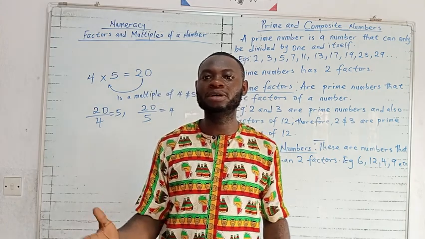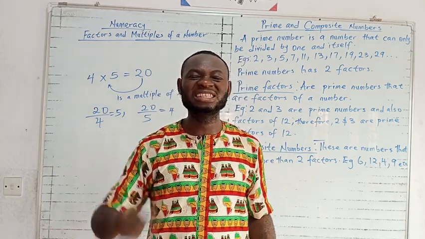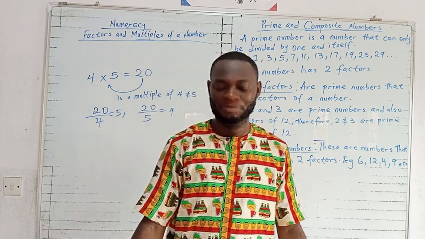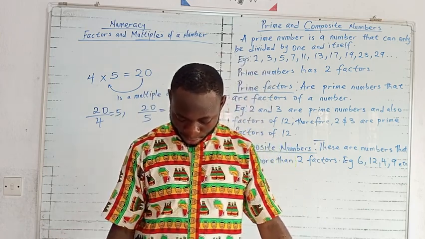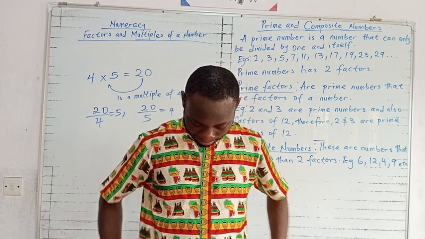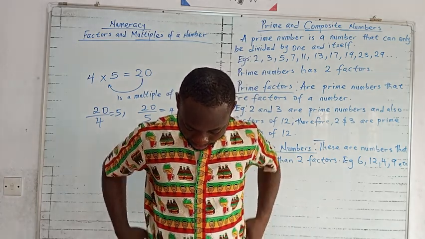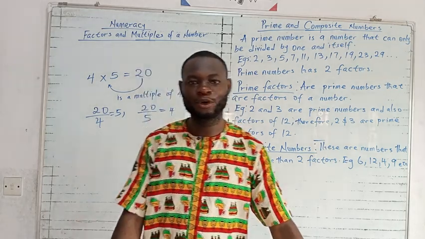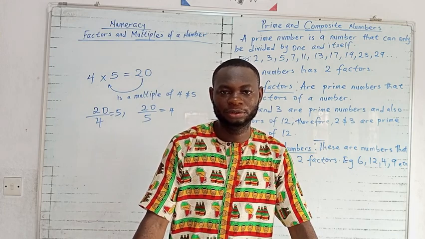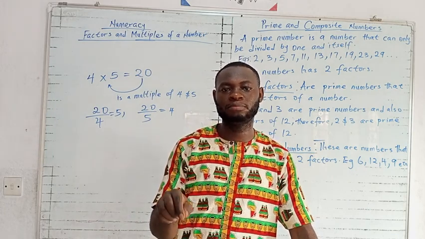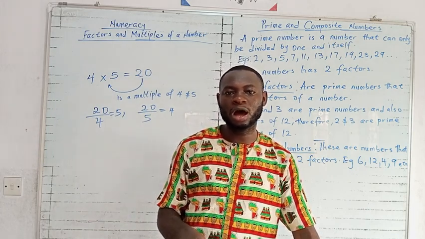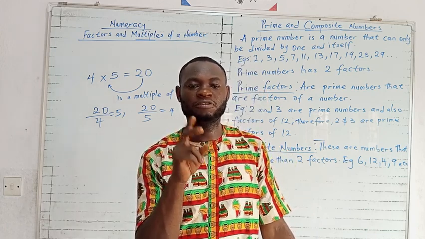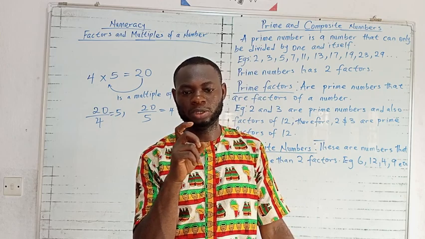So the multiple of numbers x and y is the number you get as a result of multiplying x and y. Hope you are following. Good. So when we talk about multiples of a number, we are simply looking for a number gotten as a result of multiplying two numbers together.